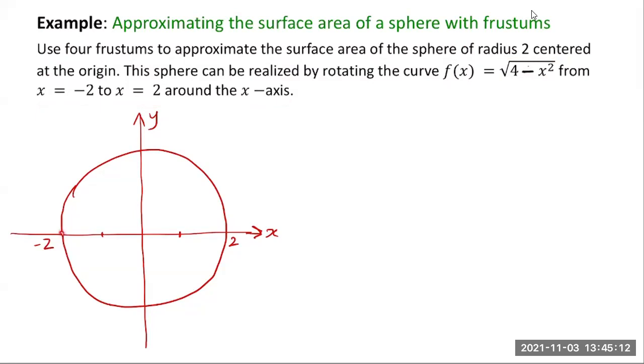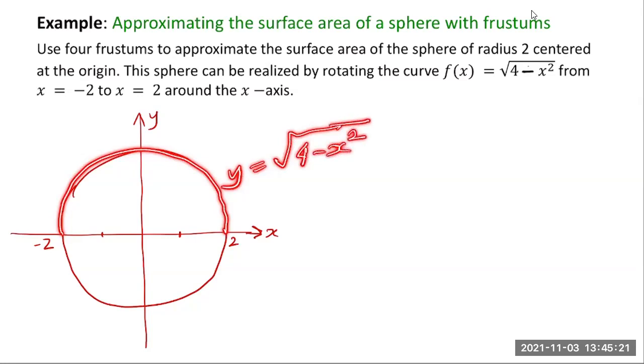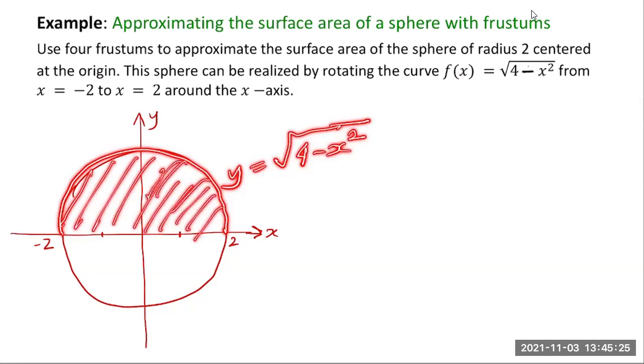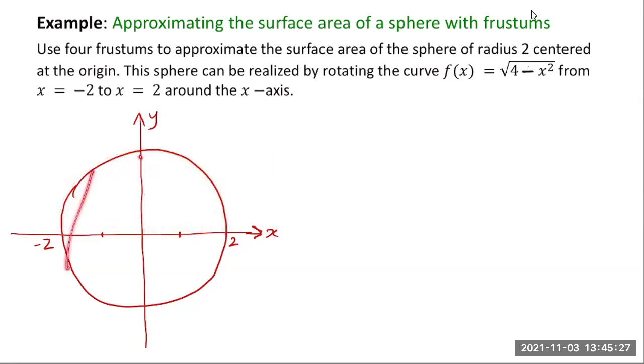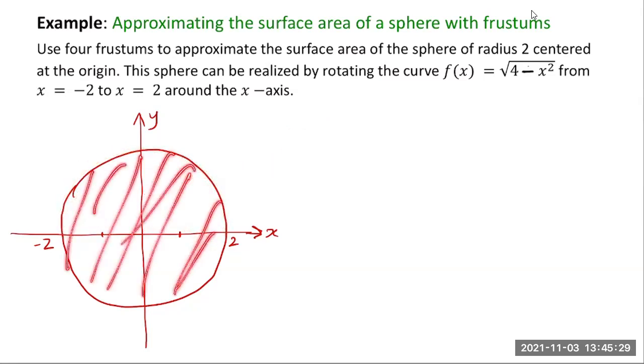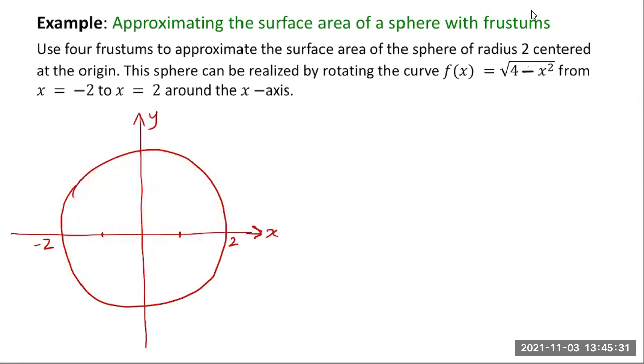So you take this curve, this half circle, which is y equal to square root of 4 minus x squared, and then you rotate this region about the x-axis. Then you get a sphere, right? This is a 3D object, okay? Even though it looks two-dimensional, it's a 3D object. This is your sphere.